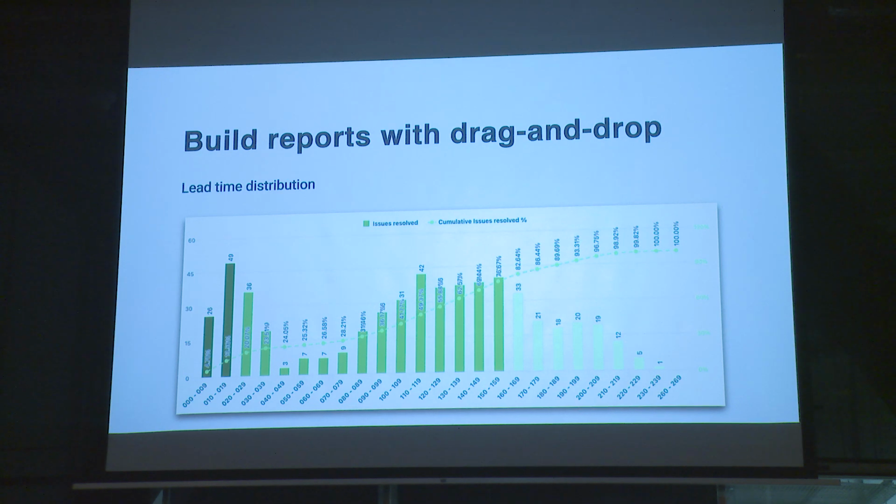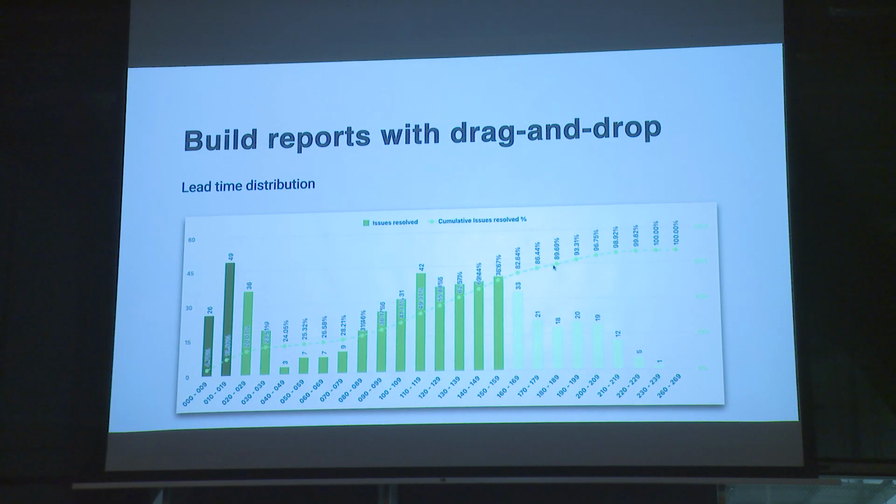It is a lead time distribution histogram. On the x-axis is a resolution days interval, and the bars show how many issues are resolved within each day interval. This line shows the cumulative percentage, showing how this resolution interval accumulates to reach 100%.